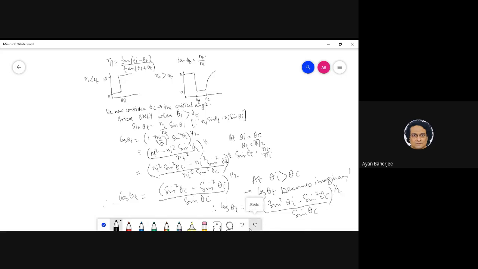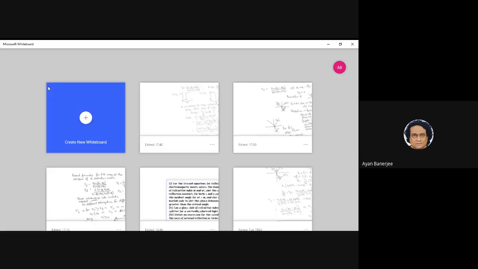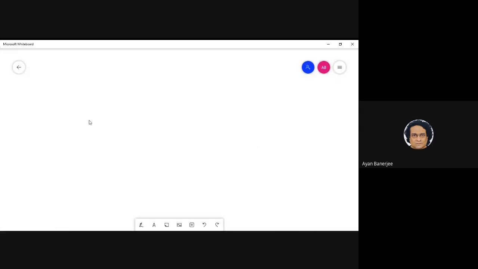So basically this means that beyond my critical angle, the cos theta t is imaginary. So that has tremendous consequences, right? Fantastic consequences. Can somebody tell me the consequences? What this actually signifies? How do we find out the consequence?